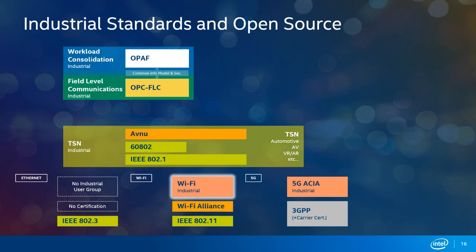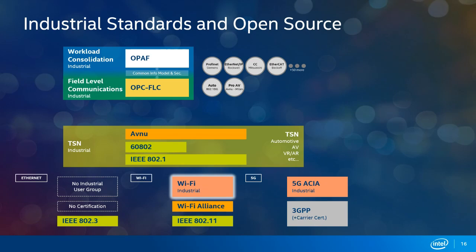All this has to run across transports, whether it's wired with Ethernet, or Wi-Fi with the Wi-Fi Alliance and 802.11, or in the emerging 5G space with 3GPP and then 5G-ACIA as the industrial aspects of 5G.